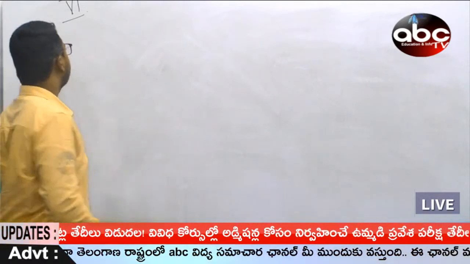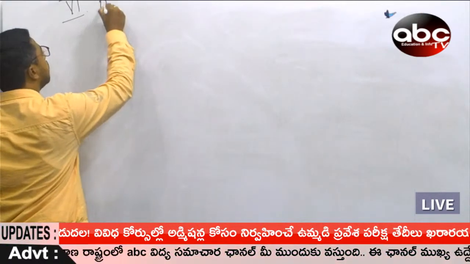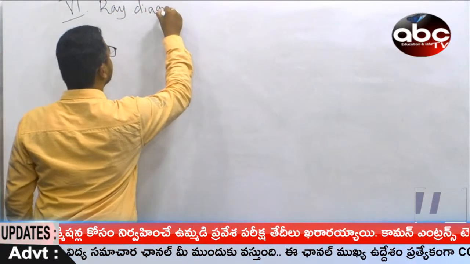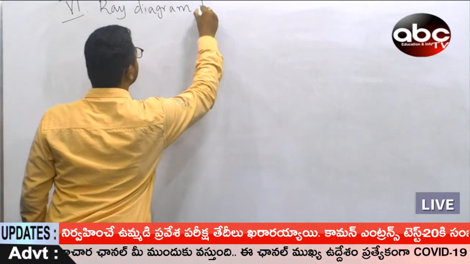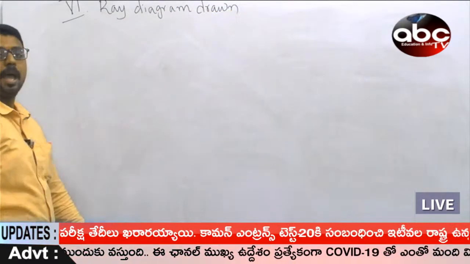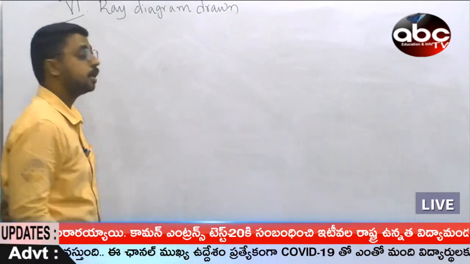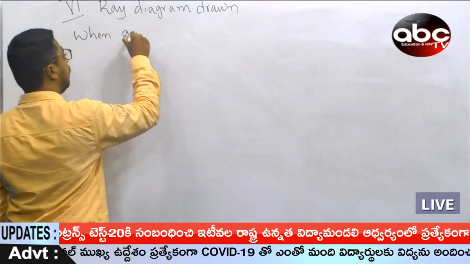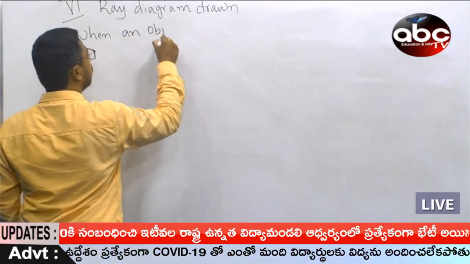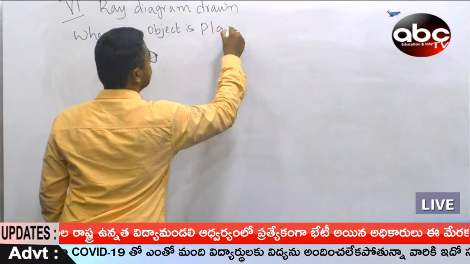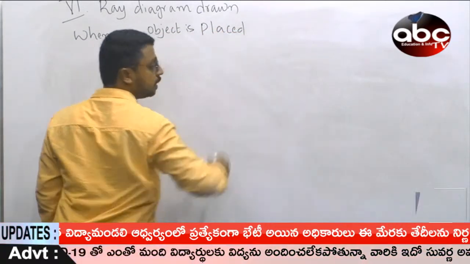Okay, now let us go for the ray diagram. Ray diagram is drawn for what? It is drawn when an object is placed where?